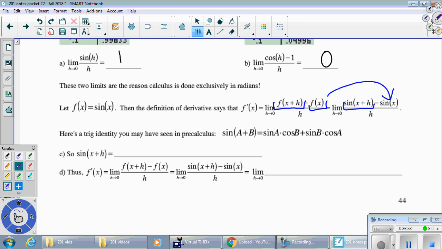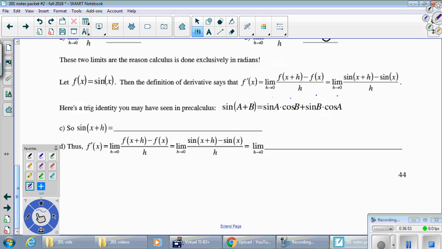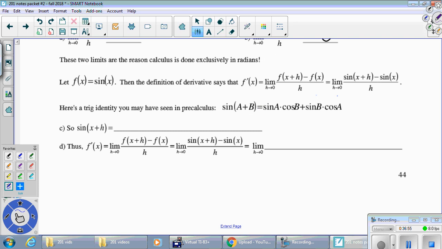Everything else is copied. A trig identity that we're going to bring in from your pre-calculus days, sine of a plus b is really sine a times cosine b plus sine b times cosine a. We're not going to prove that one here, but hopefully you saw it and you believe it from some previous class. But we're going to use that to expand out this part of our derivative calculation.